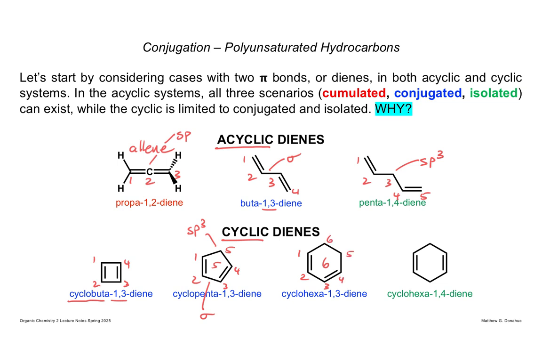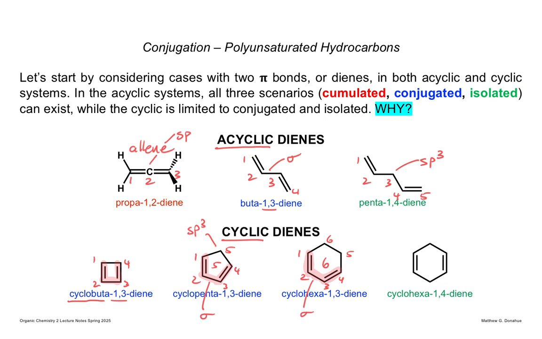Same situation here. There's the sigma bond. And if I use the highlighter, you can see there in red, there's the conjugated system.